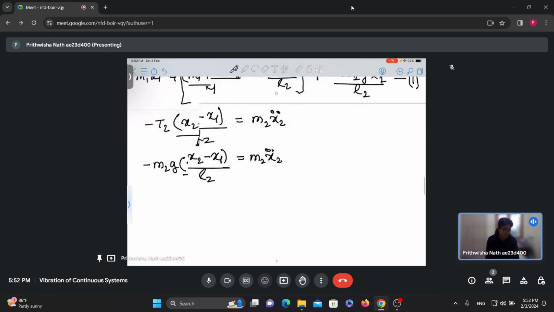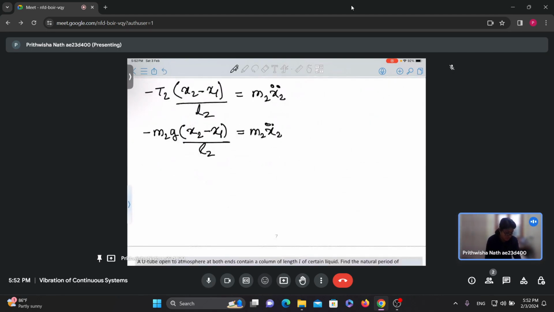Now similarly rearranging this equation, we can write this as the following. Now this is for the second mass.